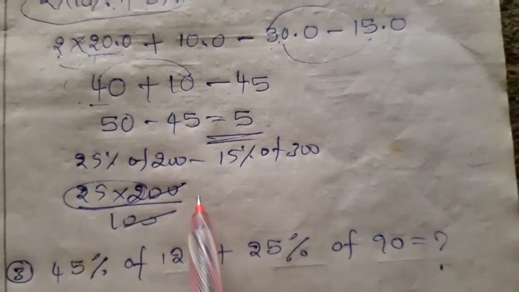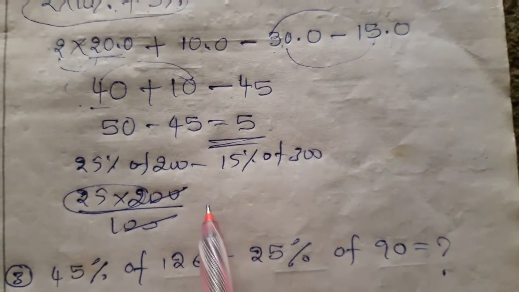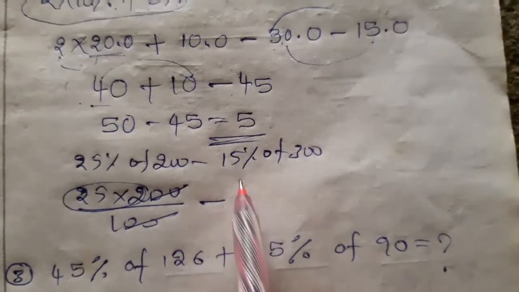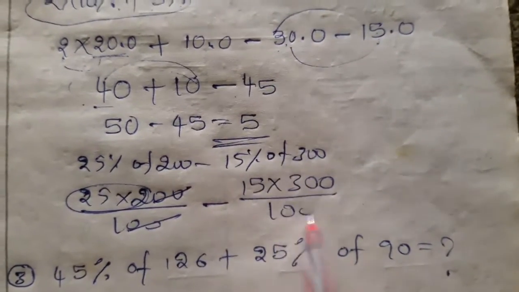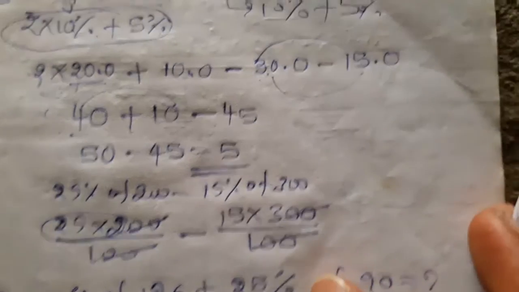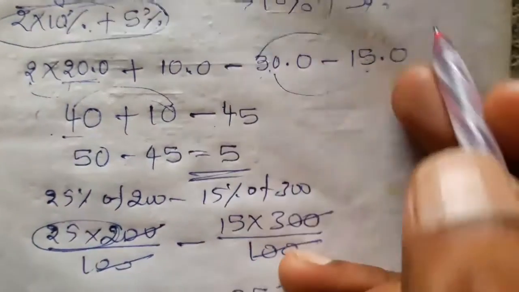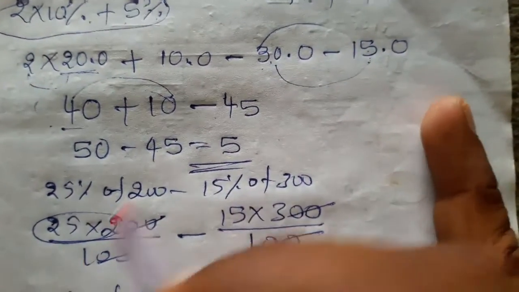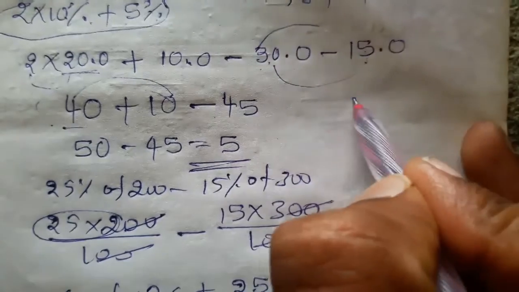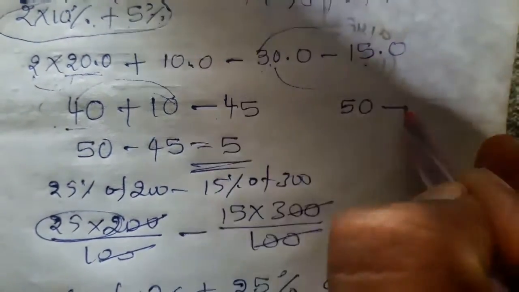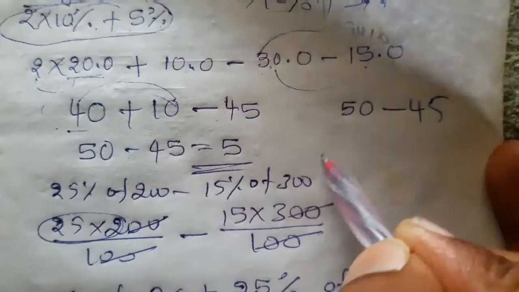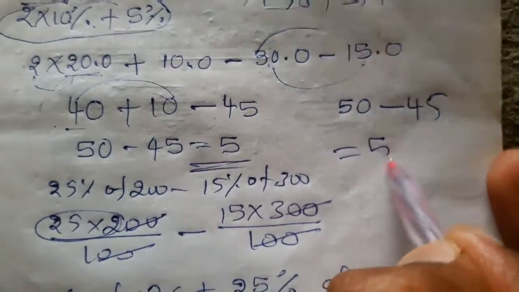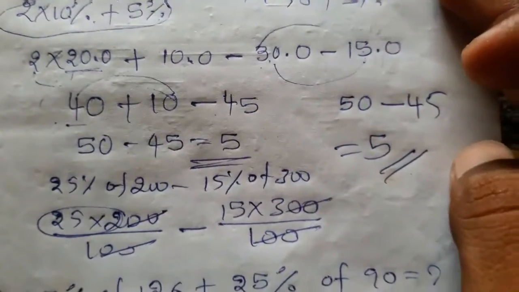So 25 twos are how much? 50, isn't it? Now here 15 into 300 by 100. This cancels. Minus 15 threes are how much? 45. So 50 minus 45, what did we get? 5 is the answer of this question.